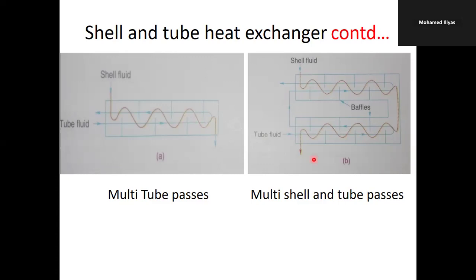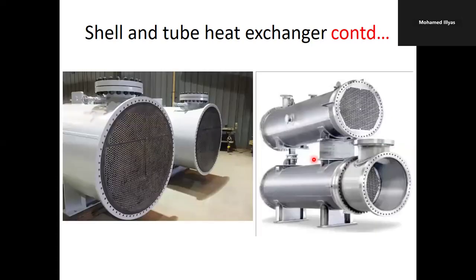So where we need a higher heat transfer rate, we'll go for multi-tube passes as well as multi-shell passes. This diagram shows images of multi-tube passes and multi-shell passes. I hope we got some basic understanding of heat exchangers.